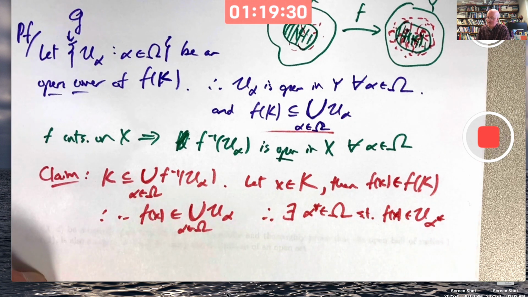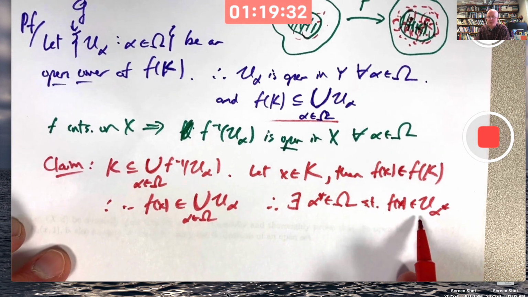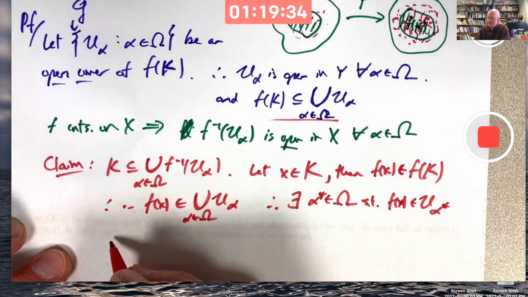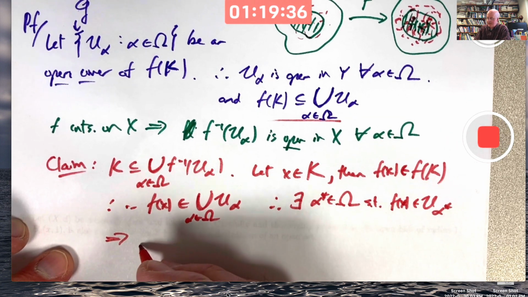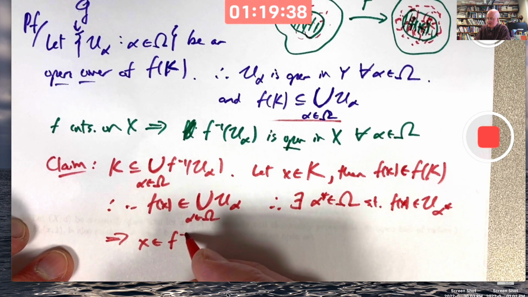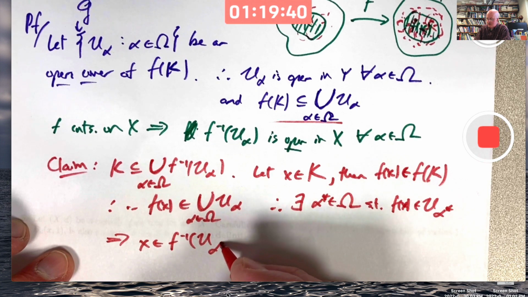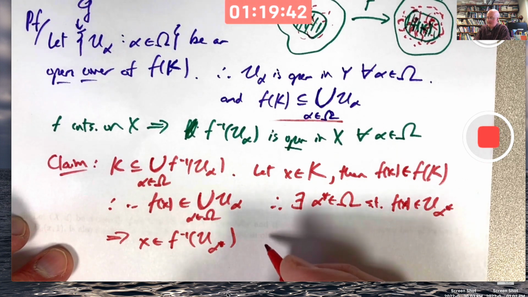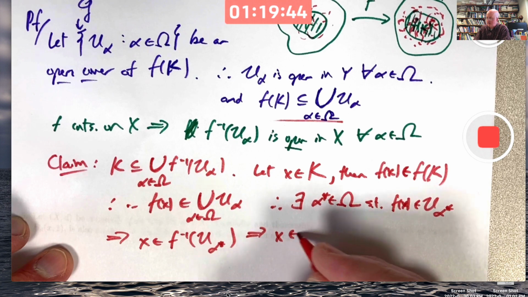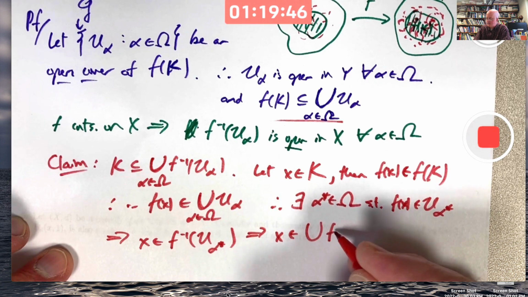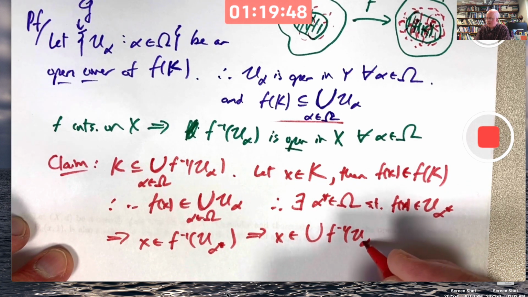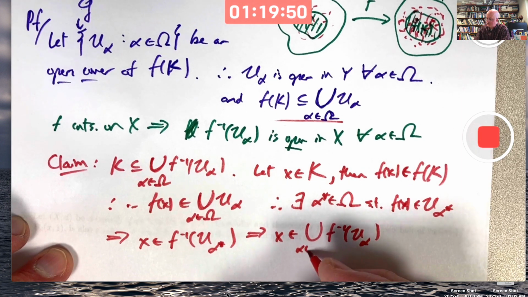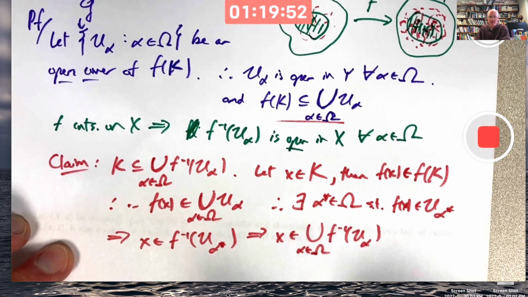Going around the horn here, that means x itself must be in the preimage of U alpha star. And that implies x is in the union of all the preimages. If you're in one preimage, you are in the union of all of them. And the claim is proved.